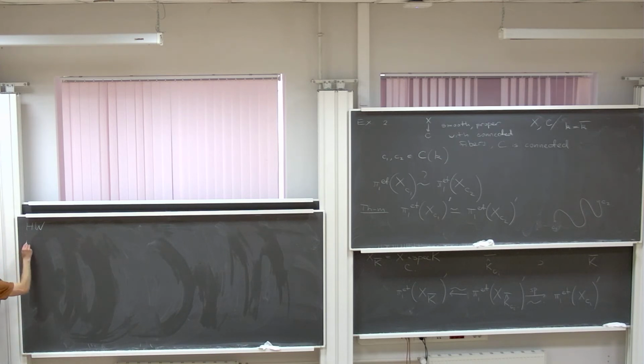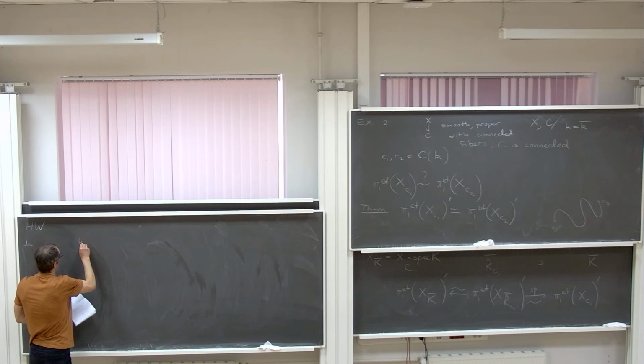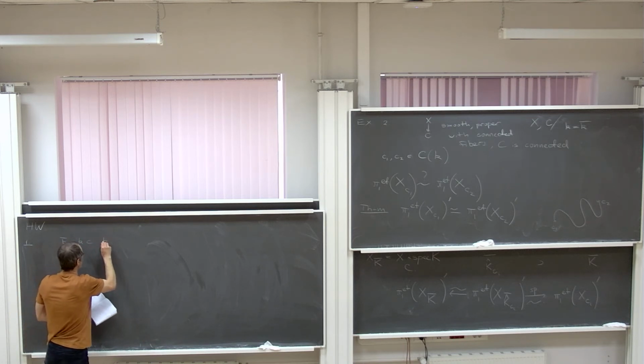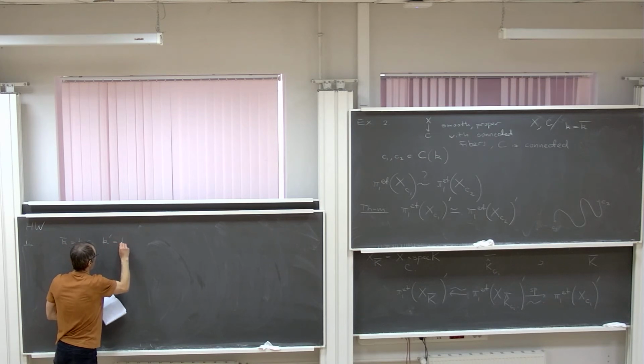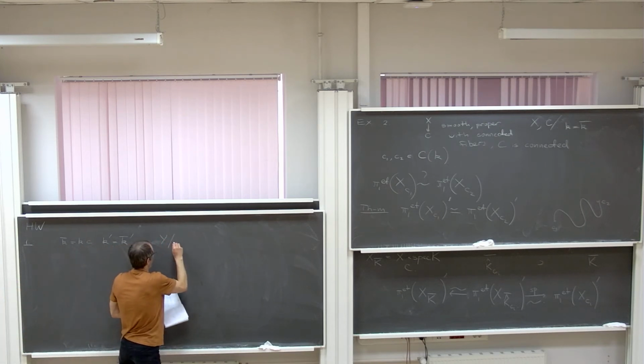Let's start with 1. And that was the following problem. We have an algebraically closed field K and any field extension K prime, which is also algebraically closed, and Y over K is connected.